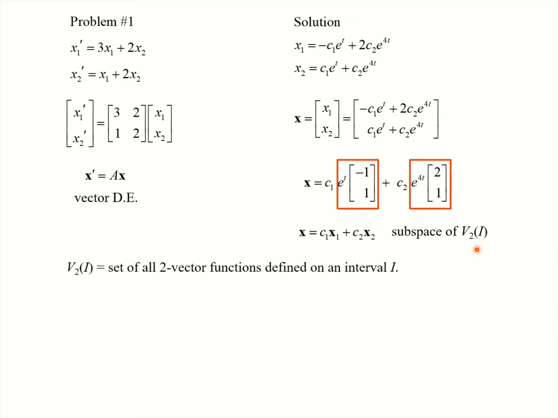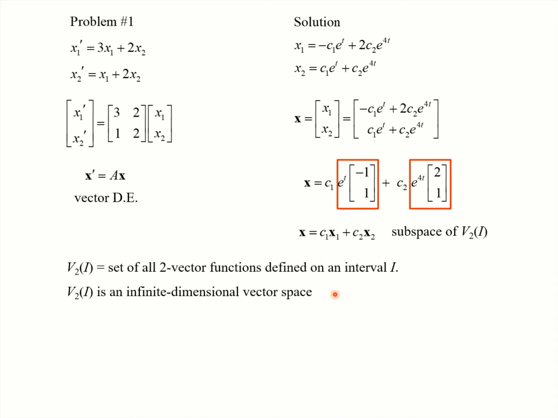V2 over an interval I is the set of all two-vector functions defined on the interval I. V2(I) is actually an infinite dimensional vector space, but this guy right here is a subspace that has dimension 2. So notice what I wrote right here: a subspace of V2.